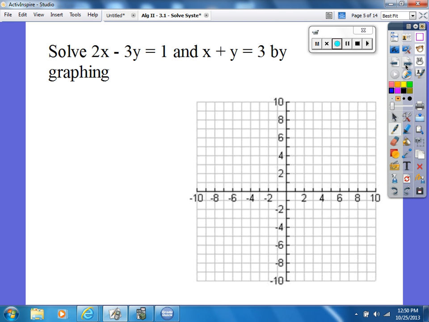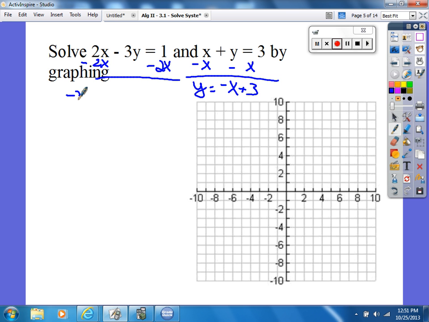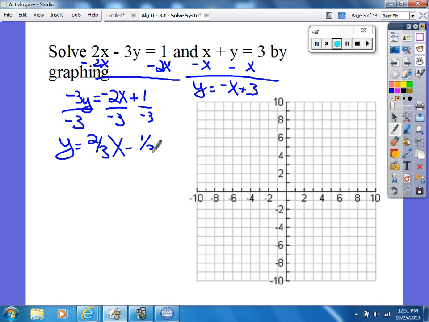So I'd like you to take a minute, write the two equations down, solve them for y, and then check with your group that everybody agrees. Okay. How many of you got these two equations?